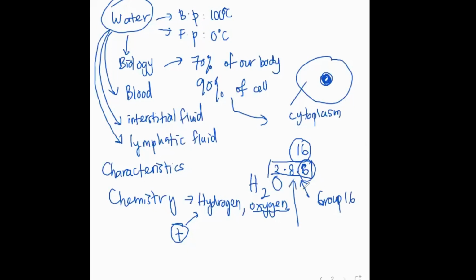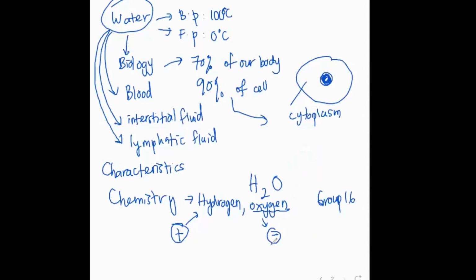Okay, it has 1, 2 periods, so it is period number 2, group 16. Okay, now as long as you know that it is at the right side, which is group 16, it is negatively charged.